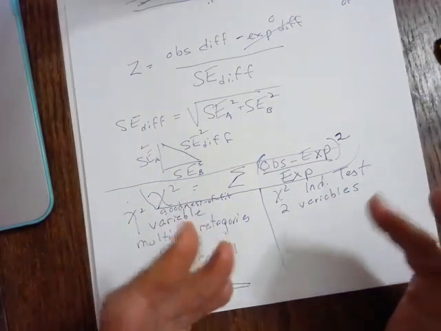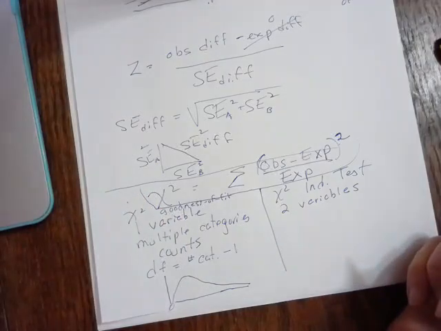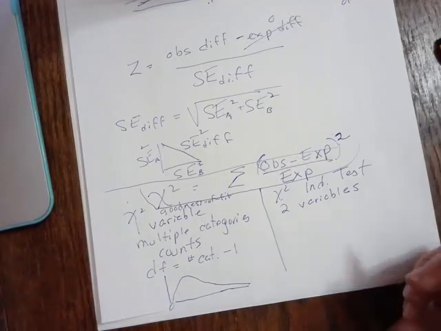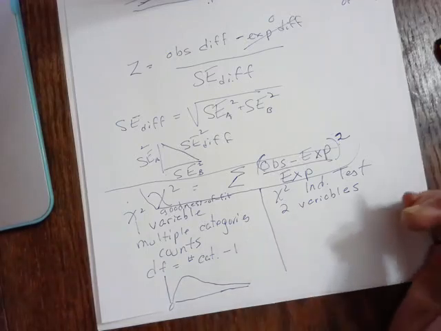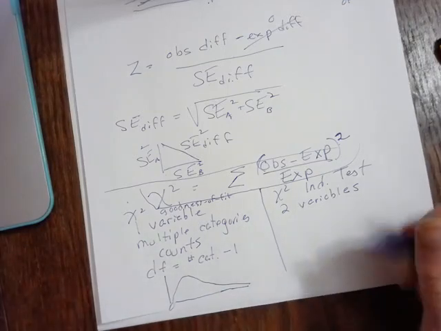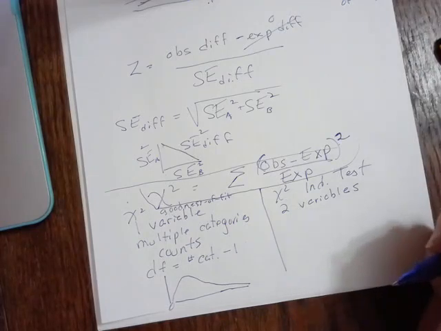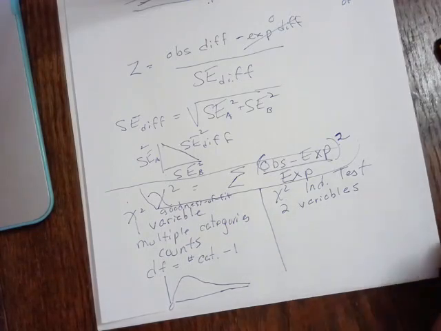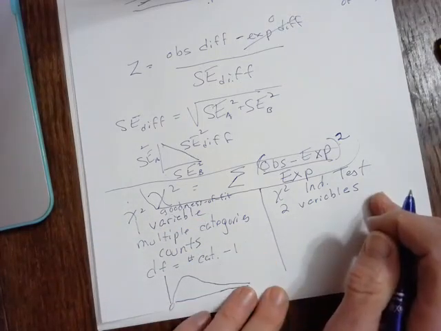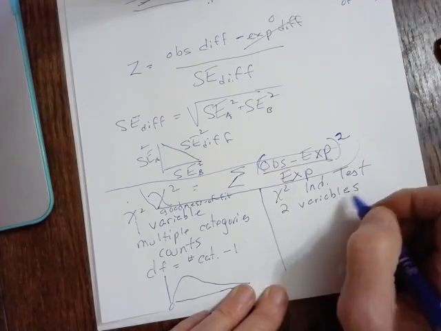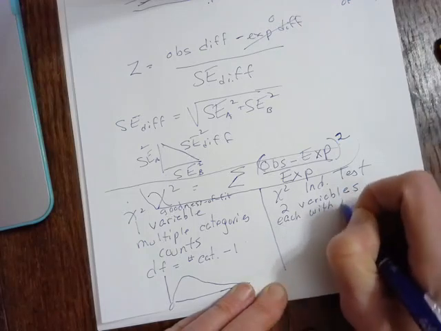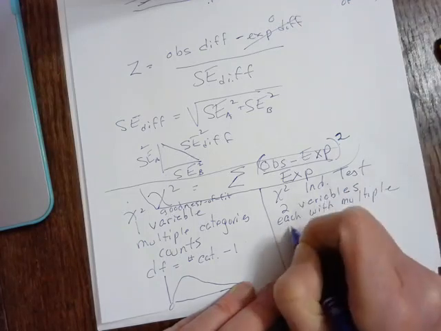Basically, if you had two variables, the null is that they have the same proportion within each of the categories; the distribution among the categories is the same. So they're independent, two variables. So we have two variables, each with multiple categories.